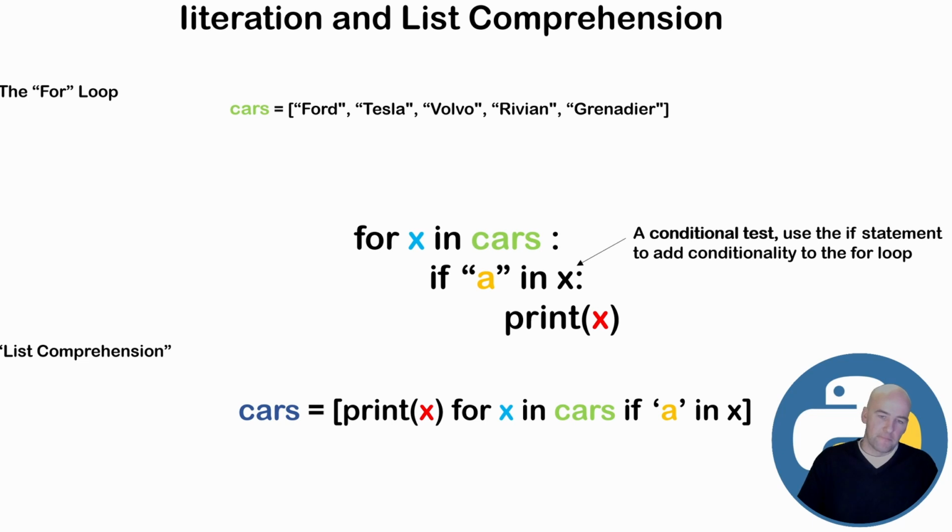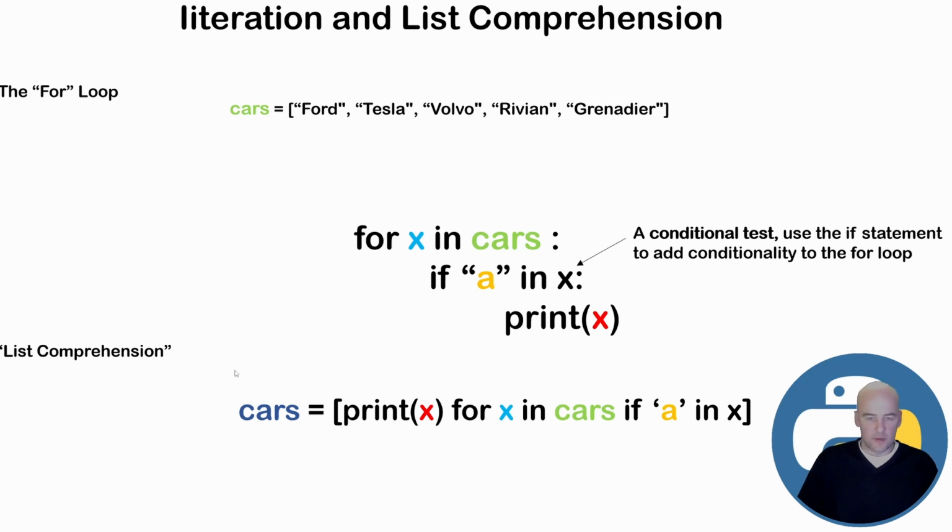So what we use here is we add a condition in, and as you can see here, we've got this conditional test in the for loop: if A is in X. So if A is in the car name, print the car name.